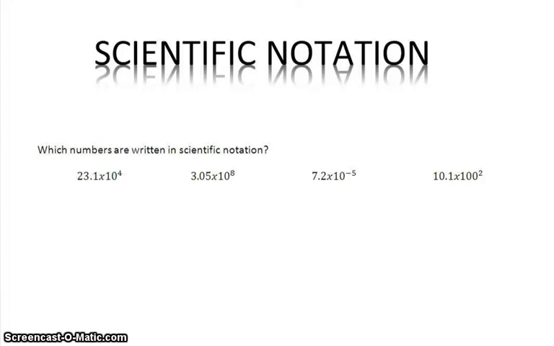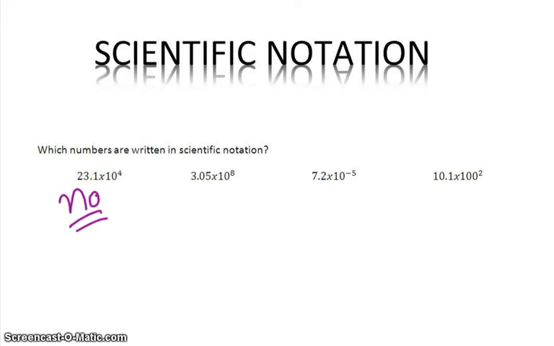From the four numbers I have listed below, take a second and decide which ones would be scientific notations and which ones would not be. Okay, so if we look at the first one, this one is not scientific notation.